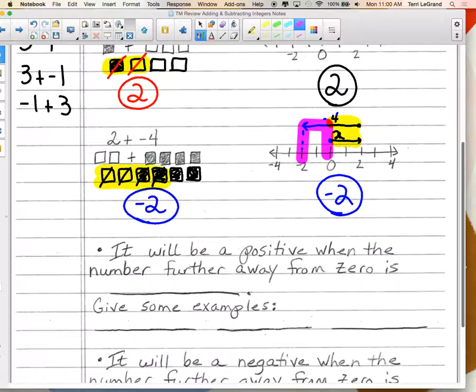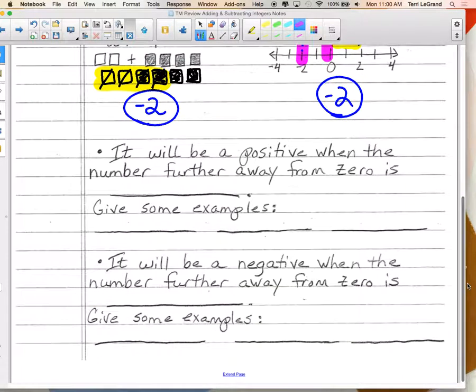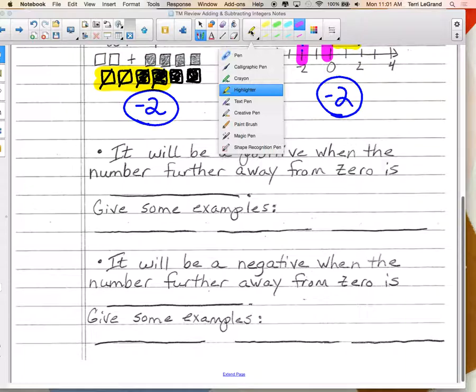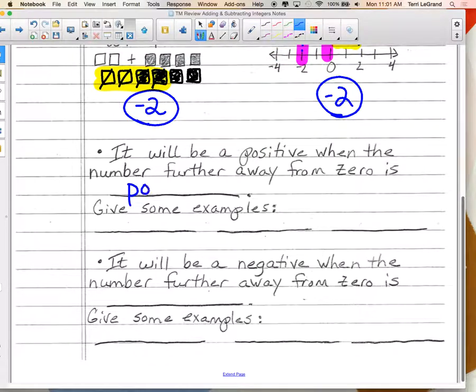Okay, so let's go down here now then and put some rules together. It will be a positive. So the answer will be positive, like the first one was, when the number further away from 0 is positive. So we'll go up and evaluate, make sure that we made a good choice answer here.